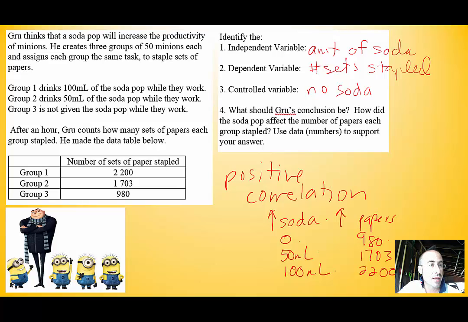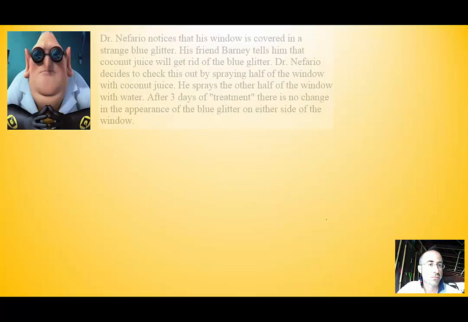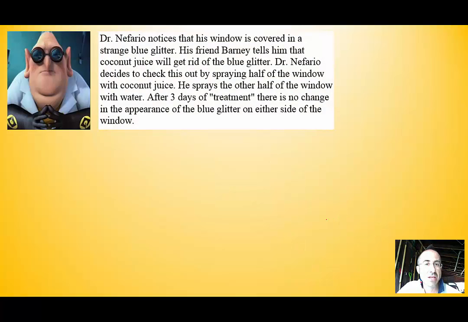Well, let's do the last one, and then we'll close this one out. Okay, so Dr. Nefario notices that his window is covered in a strange blue glitter. His friend Barney tells him that coconut juice will get rid of the blue glitter. Dr. Nefario decides to check this out by spraying half the window with coconut juice. He sprays the other half of the window with water.